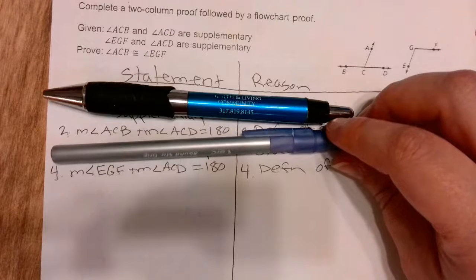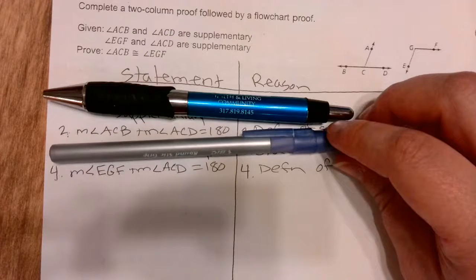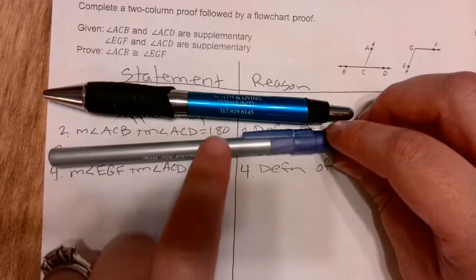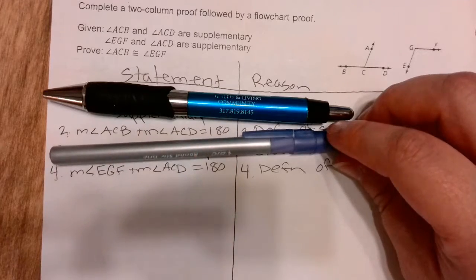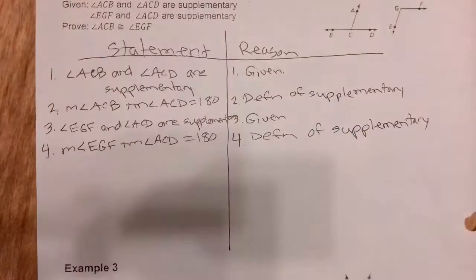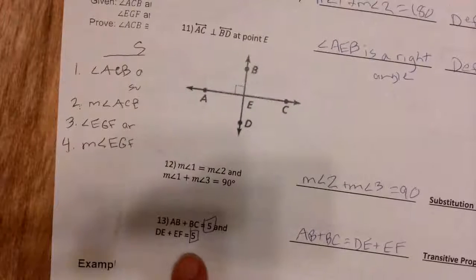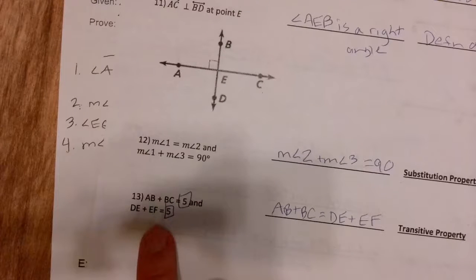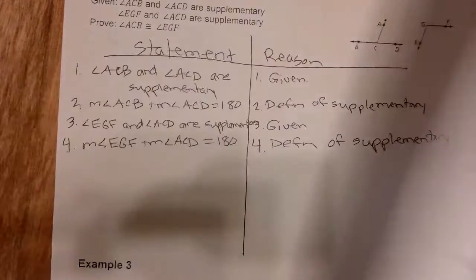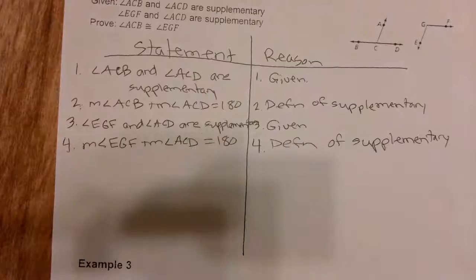Well, I see they're both equal to 180. 180 and 180. And when they're both equal to the same thing, that's number 13 on our Train the Brain paper. I told you we'd be using this paper a lot. Save, save, save. When they're both equal to the same thing, that's the transitive property.